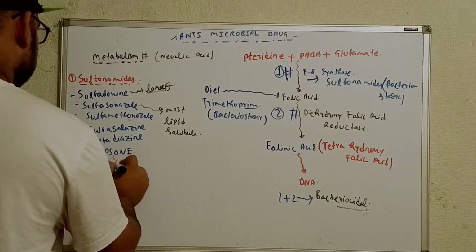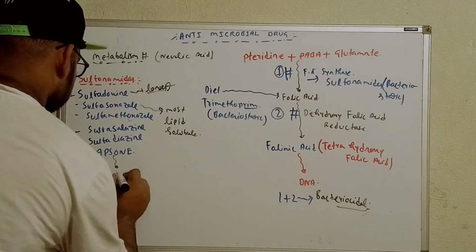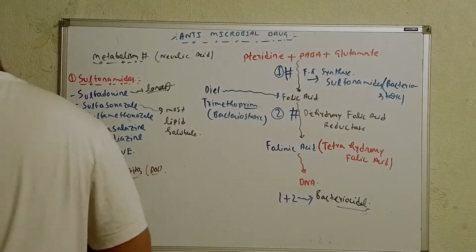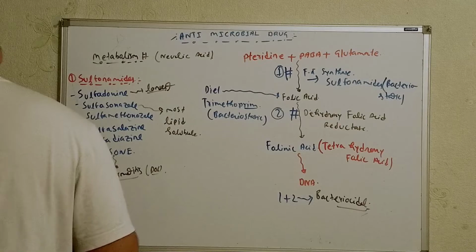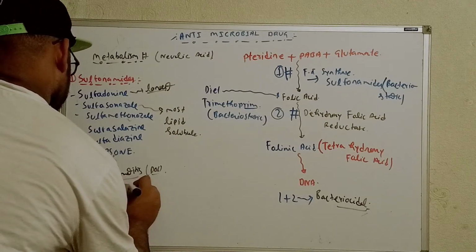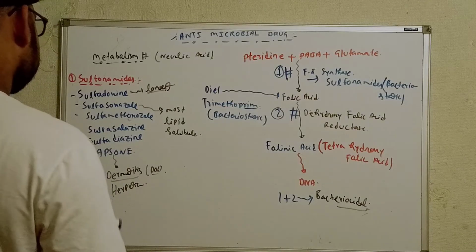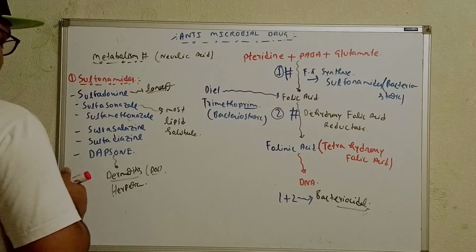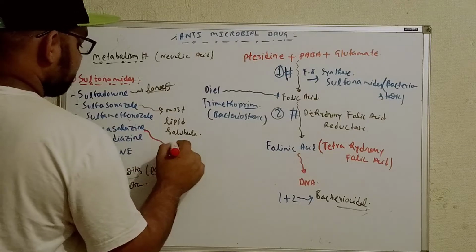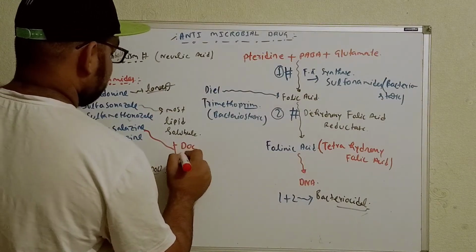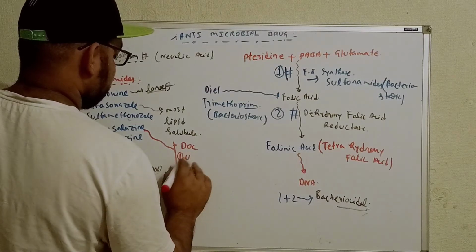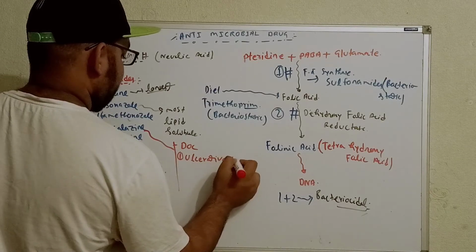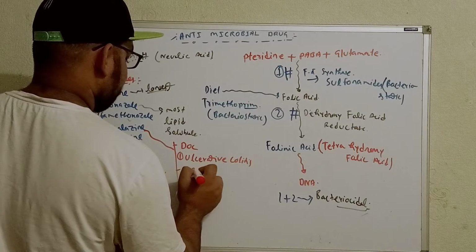Then in dermatitis we can use dapsone. In fact, dapsone is the drug of choice in these cases, for dermatitis herpetiformis. And what about sulfasalazine? Yes, sulfasalazine is the drug of choice in ulcerative colitis, or in rheumatoid arthritis, we can use it in these cases.